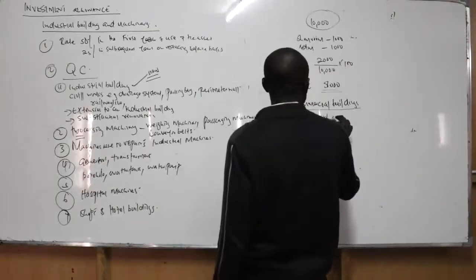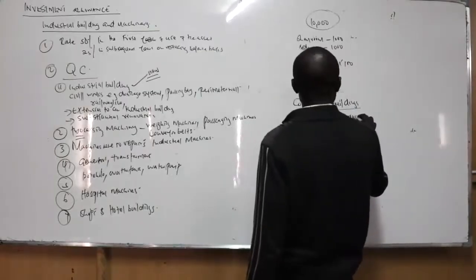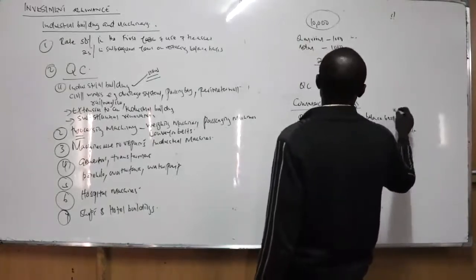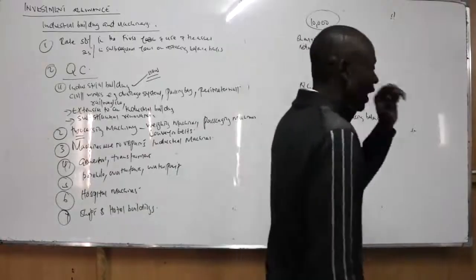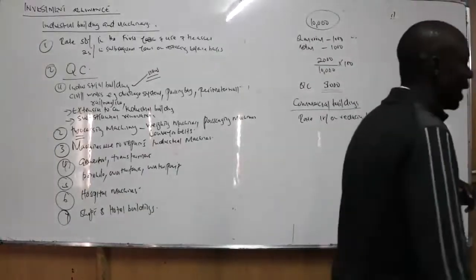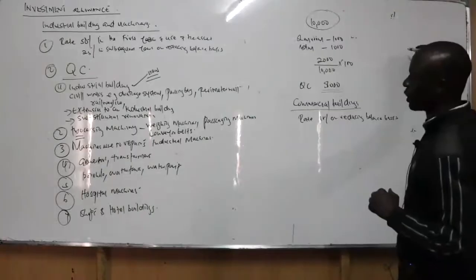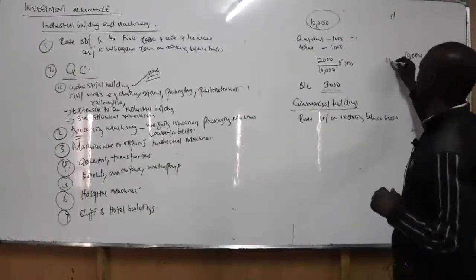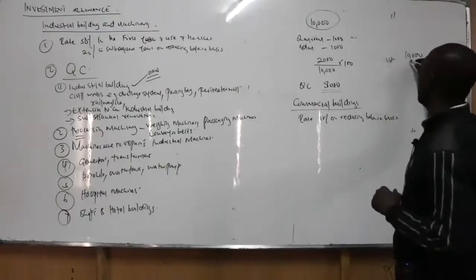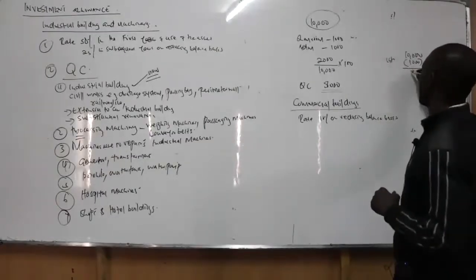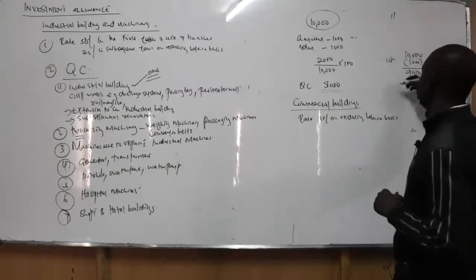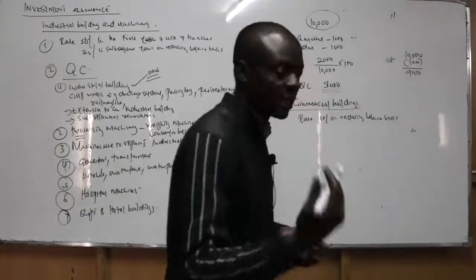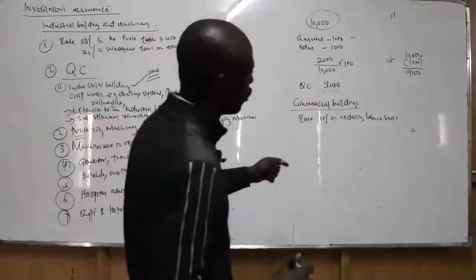In other words, if you construct a commercial building whose value is 10 million, the first year we claim 10% of 10 million, which is 1 million. The next year, the residue will be 9 million, so you claim 10% on 9 million in the next year. So 10% on reducing balance.